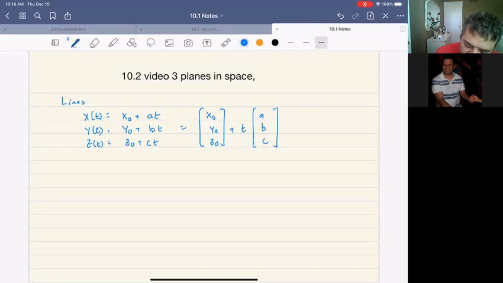We thought about this as the starting point of the line, and this was the direction of the line.